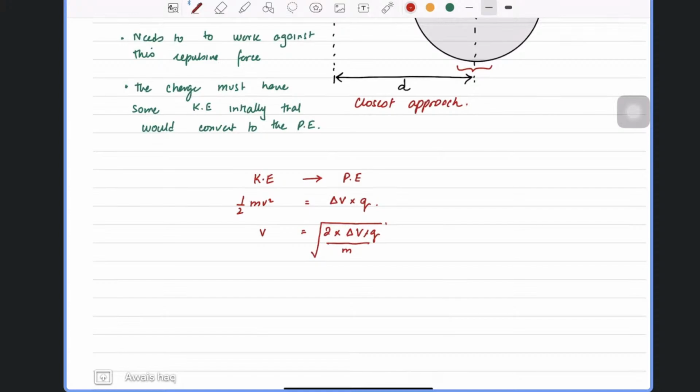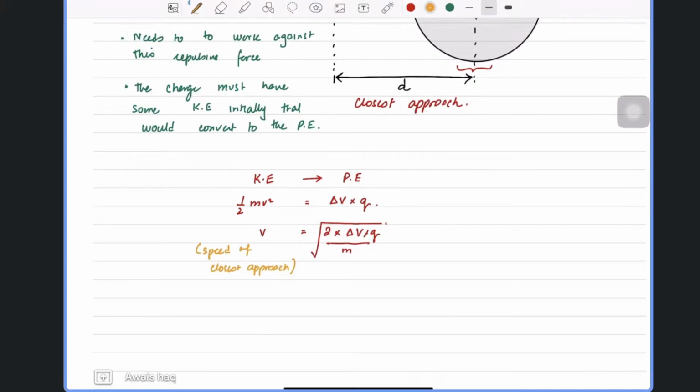So this speed that you see right now is the speed of the closest approach, because the greater the speed is going to be, the greater the distance it would cover to reach closer to that particular positive charge as well. All right.